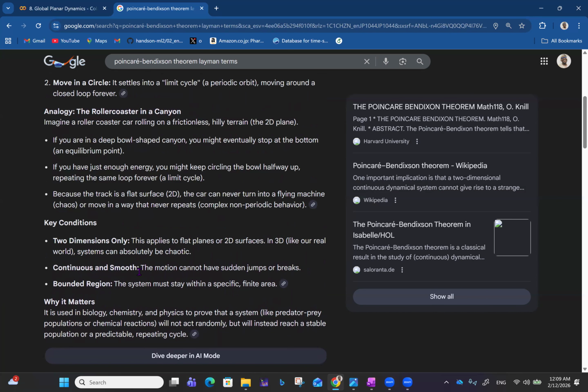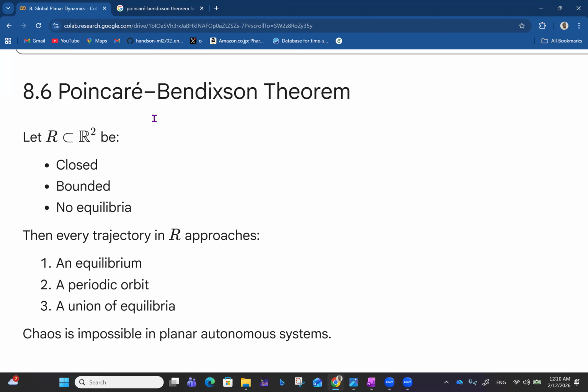The Poincaré-Bendixson theorem is used in biology, chemistry, and physics to prove that a system like predator-prey populations or chemical reactions will not act randomly, but will instead reach a stable population or predictable repeating cycles. So that's the point there: in 2D, there's no chaos. So you can have repeat patterns that can be predictable.